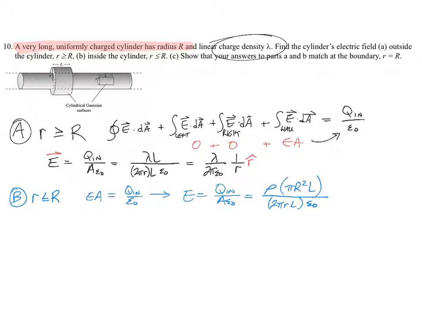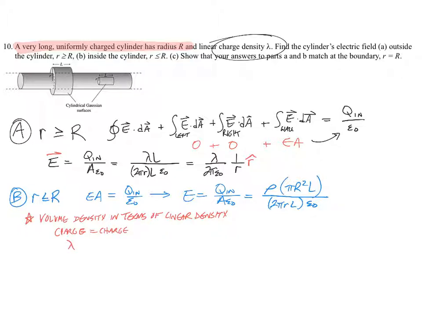Now let's deal with this volume charge density in terms of the linear charge density. So a little tangent here: volume density in terms of linear density. That's what we're going to work on here. So charge has to equal charge. We're just going to set up an identity here.